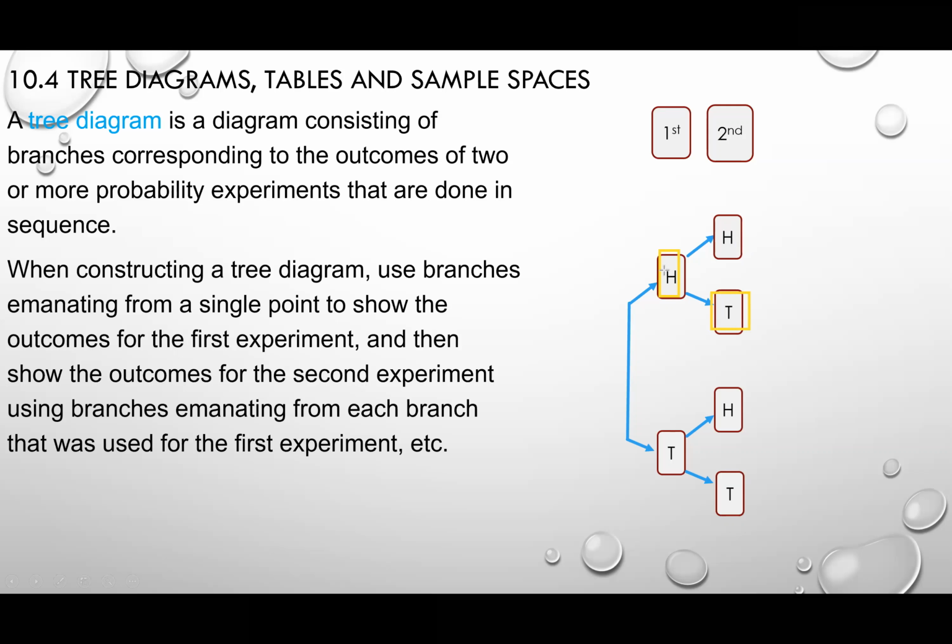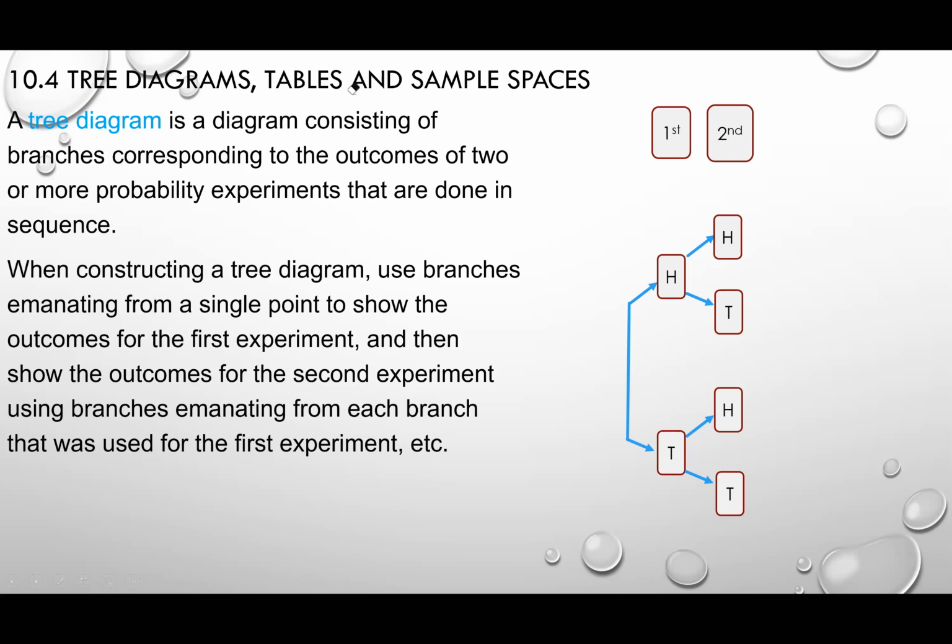So first I got a head, then I have either a head or a tail. And at the bottom, first I have a tail, then I have a head or a tail. So it's not that I flip more than 2 times. It's just that we branch it out into 2 different outcomes, a head or a tail. Within a head, I will have either a head or a tail, and within a tail, I will have either a head or a tail.